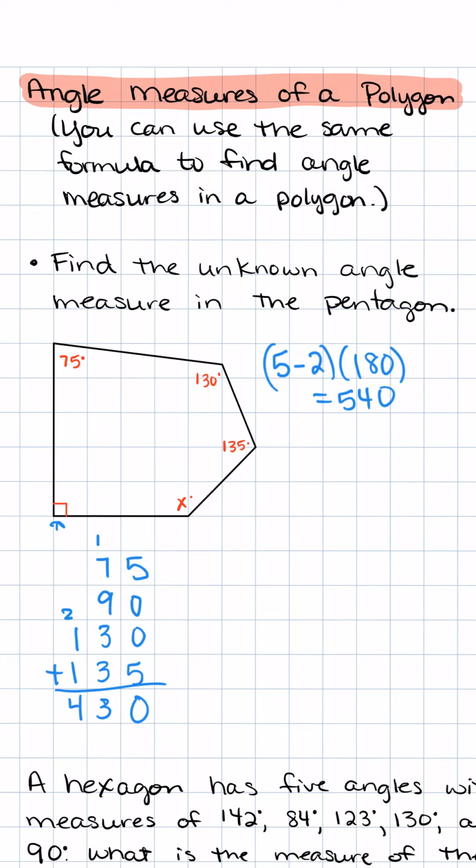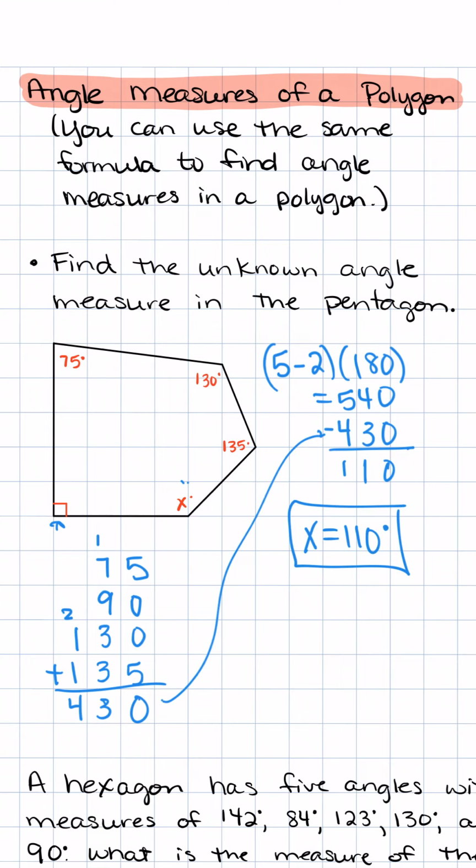We take that number and subtract it from the 540 because that's the total, to find out what x is. So 540 minus 430 is 110. So therefore x equals 110 degrees. Okay?